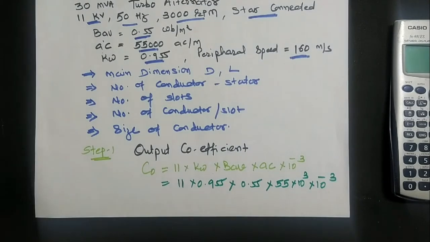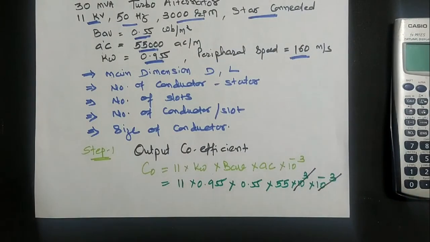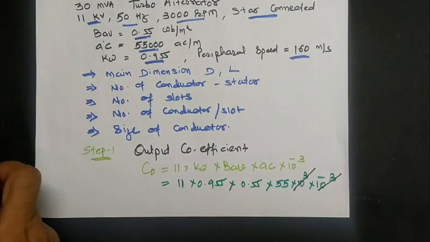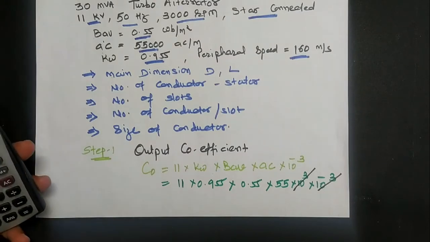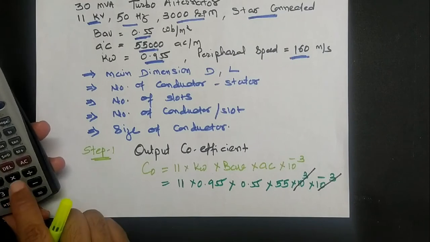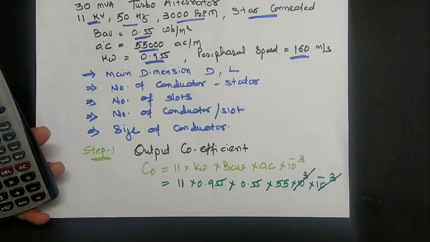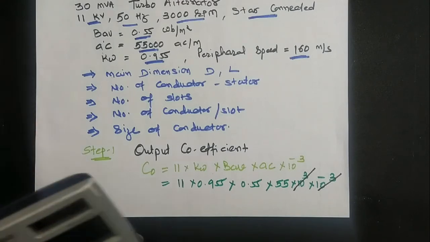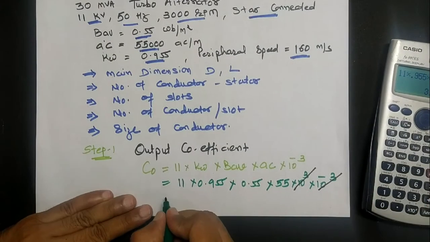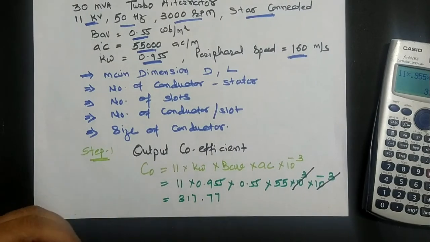If we discard these two values, 10 raised to 3 and 10 raised to minus 3, and calculate, 11 multiplied by 0.955 multiplied by 0.55 and multiplied by 55, it comes to 317.77.